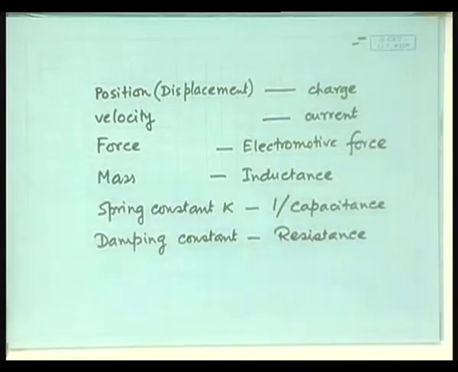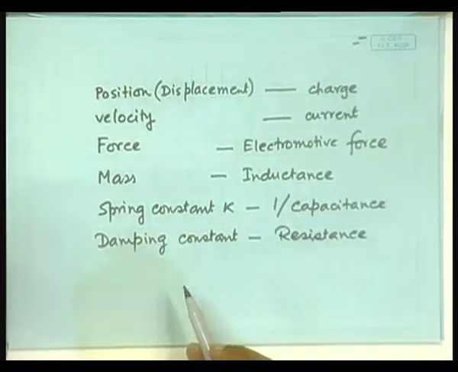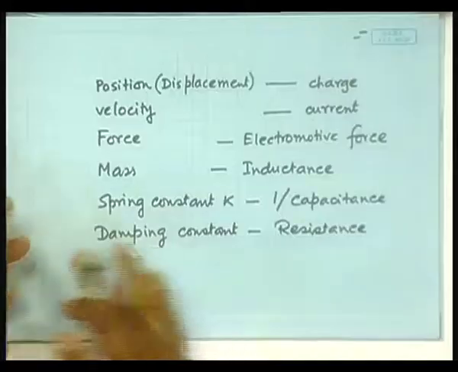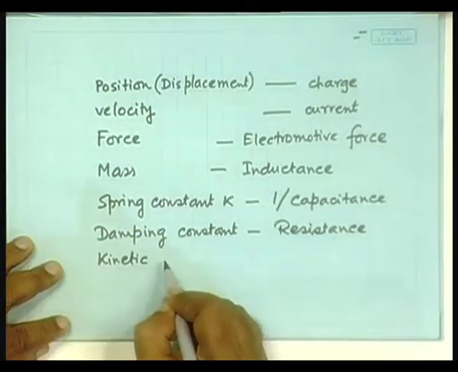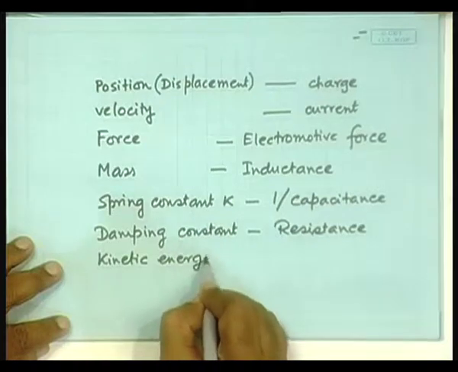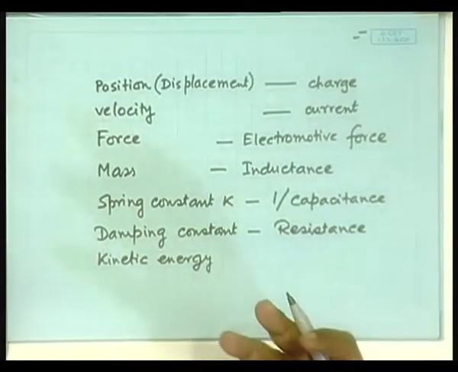Finally, the two things I forgot to talk about in the last class. In the mechanical domain, there are two types of energy, the kinetic energy and the potential energy. So, let us see what they are equivalent to. The kinetic energy is how much? Half m v square. m is equivalent to L, v is proportional to I. So, half L I square. What is half L I square?